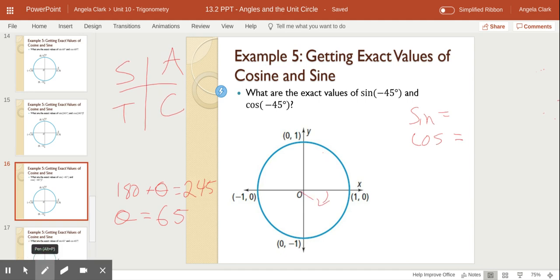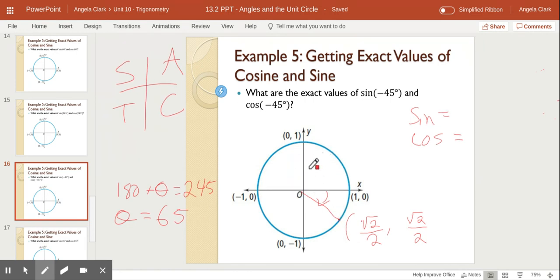So negative 45 degrees is this one. It's still a 45, 45, 90 triangle. So you still get square root of 2 over 2. This is still 45, so it's still 45, 45, 90.